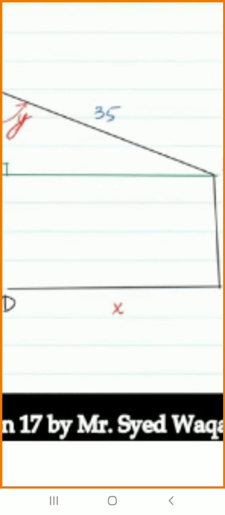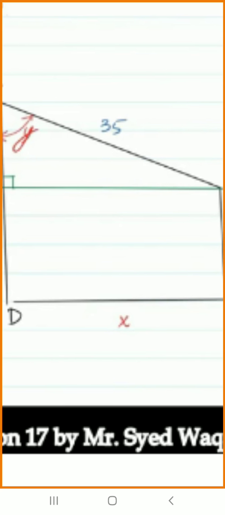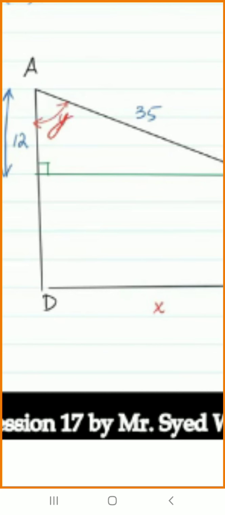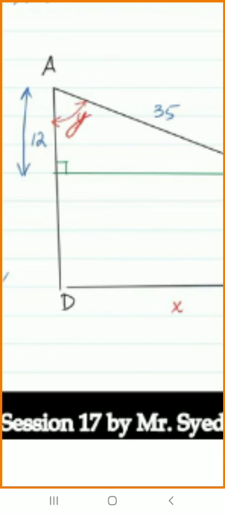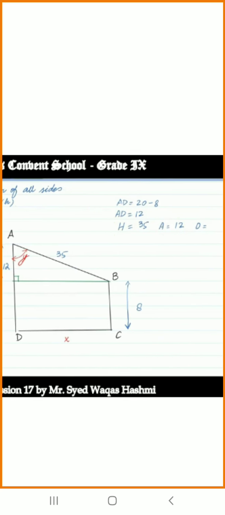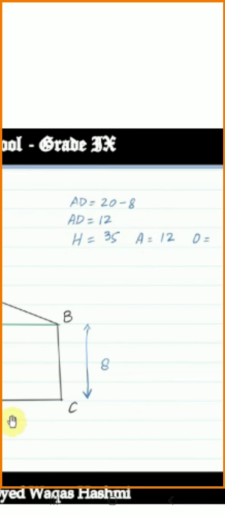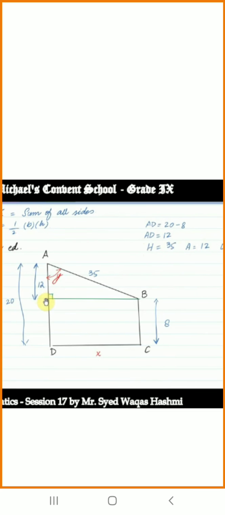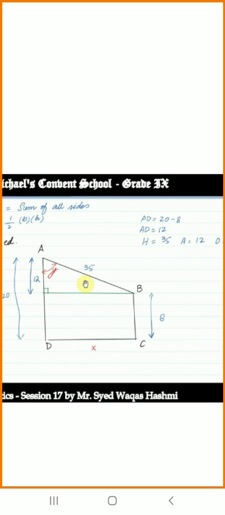So first, the data. Hypotenuse is 35, adjacent is 12, and opposite is, see, if this length CD is x, that means this length from B to this point is also x. So I'm going to place x here as the opposite.